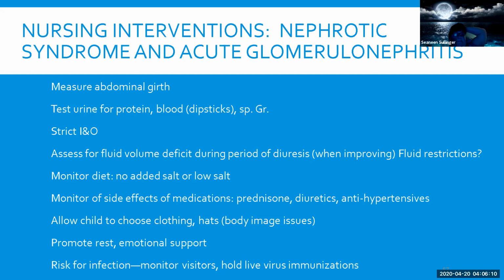And then there could be a risk for infection because of the use of the steroids. And so you want to monitor the visitors closely, and you're not going to be giving any of the live virus immunizations. So no MMR or varicella immunizations until everything has cleared up.